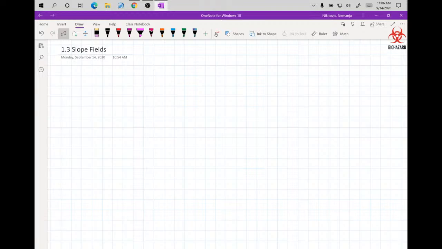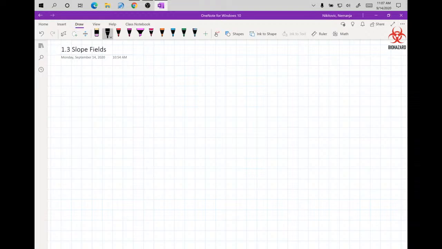A graphic method, because you hopefully remember and understand that your differential equation contains the derivative, and the derivative is a slope, the tangent line, right? So we can do a lot with that information.